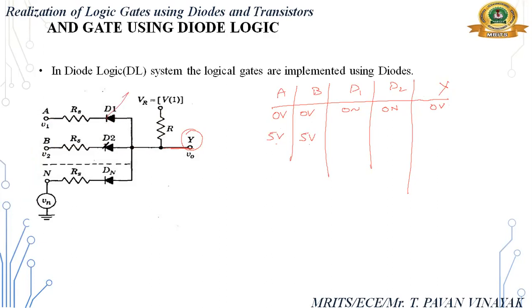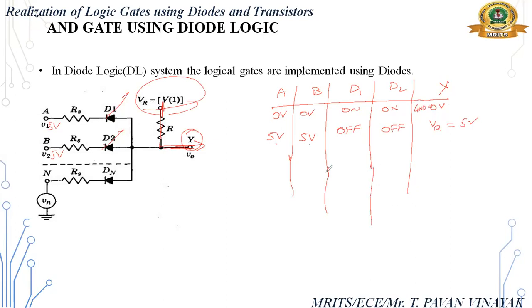Both diodes are off. Then the current will not go to ground, it will go to the output. Output will be VR, that is equal to 5 volts. Here the output is ground, which is equal to 0 volts.